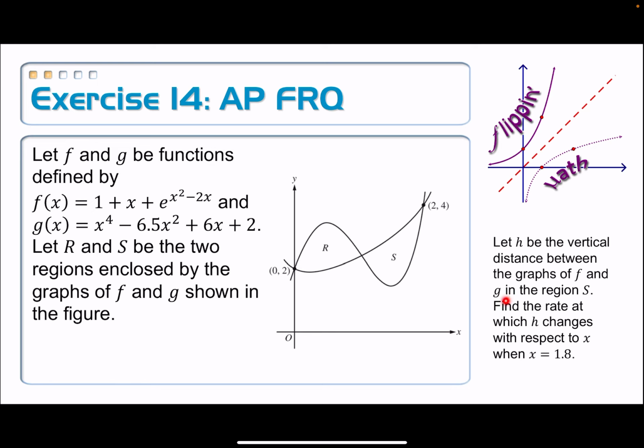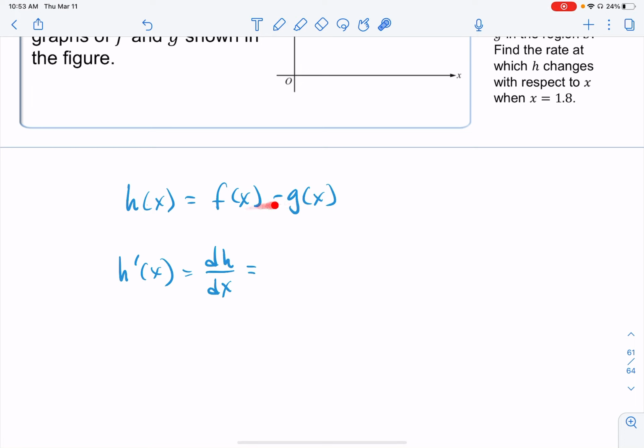Okay, and we want to find the rate at which h changes with respect to x. That means I'm going to take the derivative of h with respect to x. And then, usually we write that as h prime of x, right? Or you can use dh dx in Leibniz notation. And that should be just using the difference rule here.